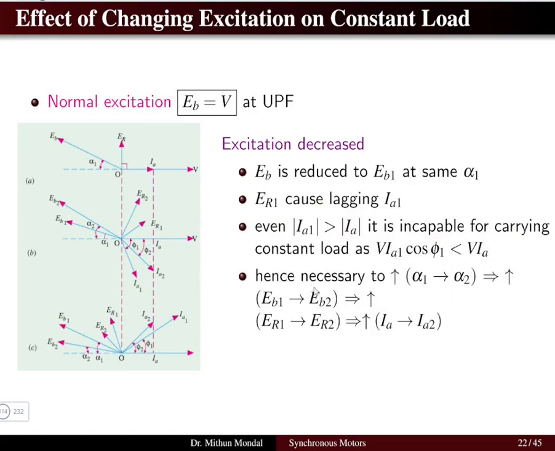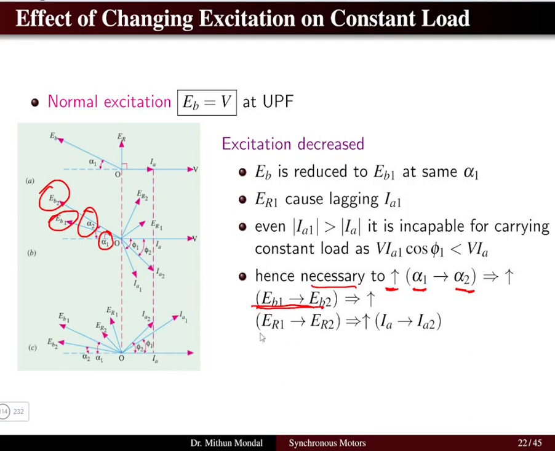Hence, it is necessary to increase the value of the coupling angle alpha 1 to a new value of alpha 2. So the alpha 1 which was less will be increased to alpha 2. This will increase the value of the back EMF EB1 to a new value of EB2. So we have increased the back EMF.